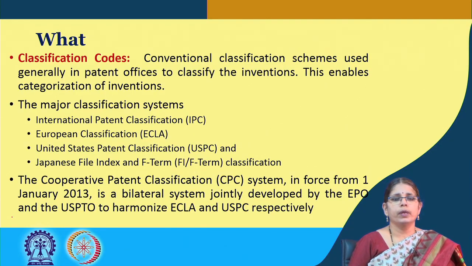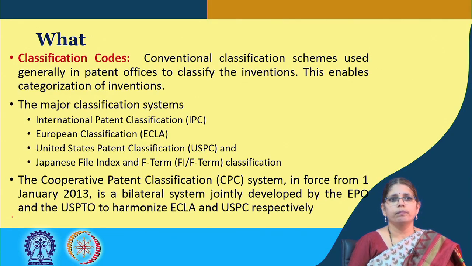The major classification systems that are available worldwide are the IPC, which is the International Patent Classification, the European Classification, which is the ECLA in short, USPC, which is the United States Patent Classification Code, and in the case of Japan you have F1 F term classification.